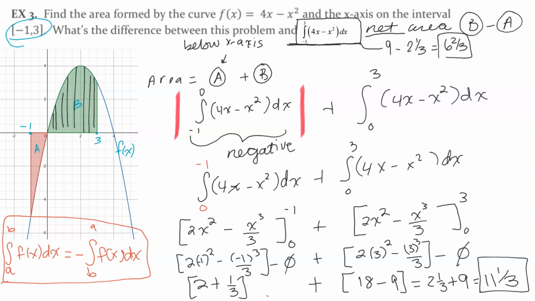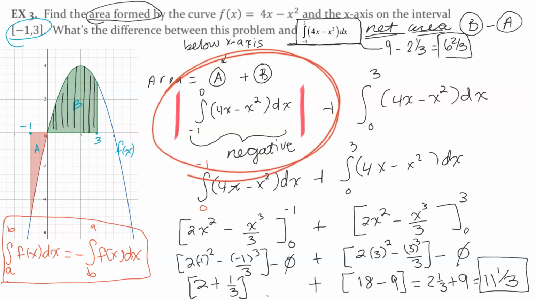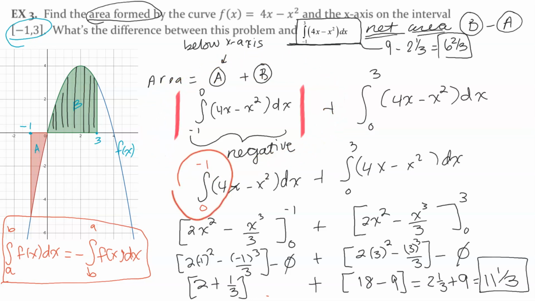The integral is the net area, so the negative will cancel out some of the positive, and you'll get a smaller value. Whereas when we're looking at the area formed by the curve and the x-axis, that negative value needs to be dealt with by taking the absolute value, or by switching the limits, so that the area of a shape can be denoted as a positive number.